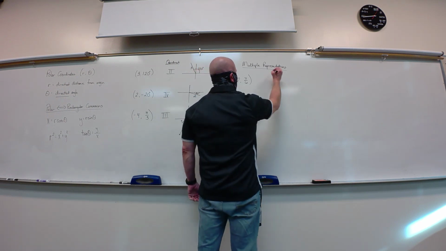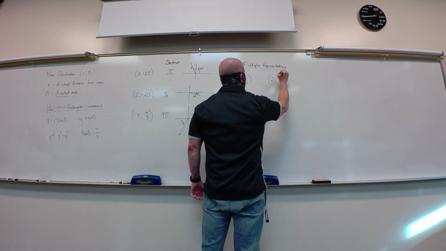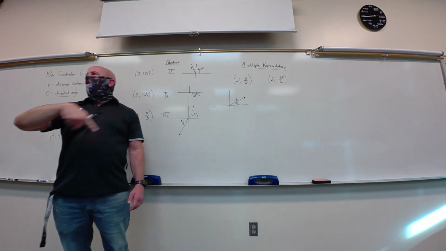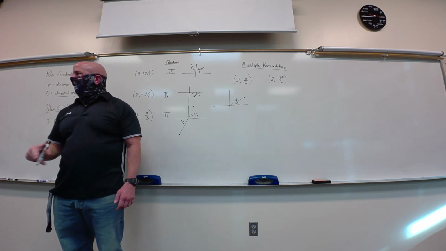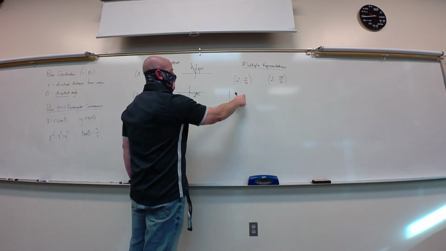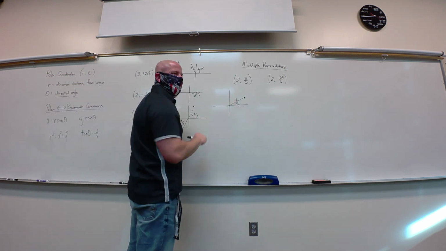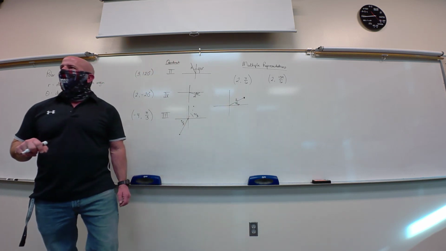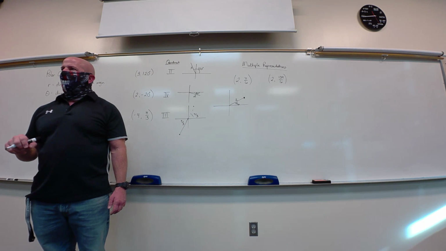So I could do (2, 13 pi over 6). So I went all the way around. So I've got pi over 6, and all the way around is another 12. There's 13. I'm in the same spot, out 2 units. Same location. Everybody okay with that?